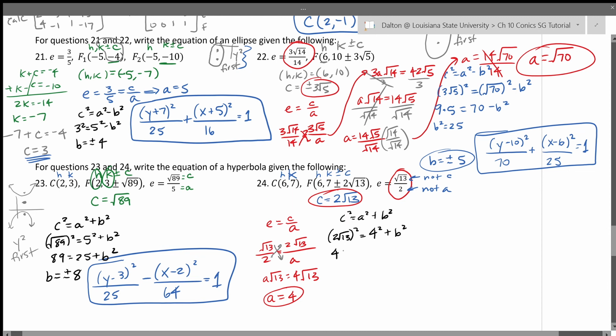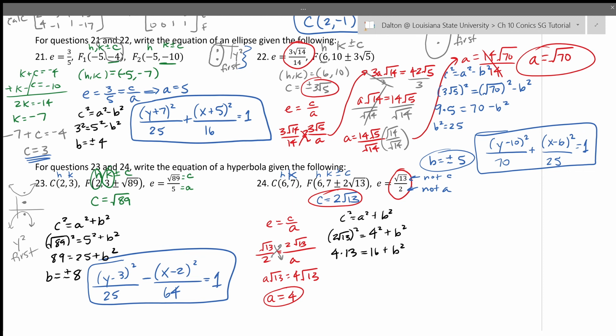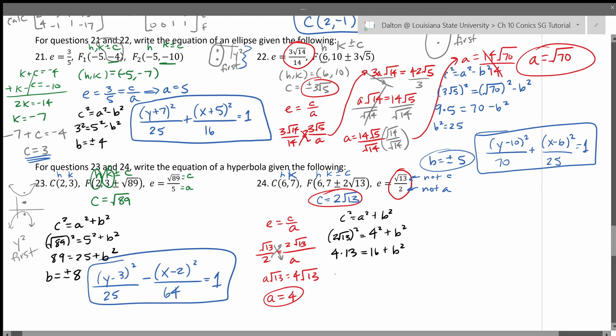Square root of 13 squared is going to be 13. So it'll be 4 times 13 equals 4 squared, which is 16, plus b squared. 4 times 13 minus 16 will end up being 36. So then b is going to equal plus or minus the square root of 36, which is 6.